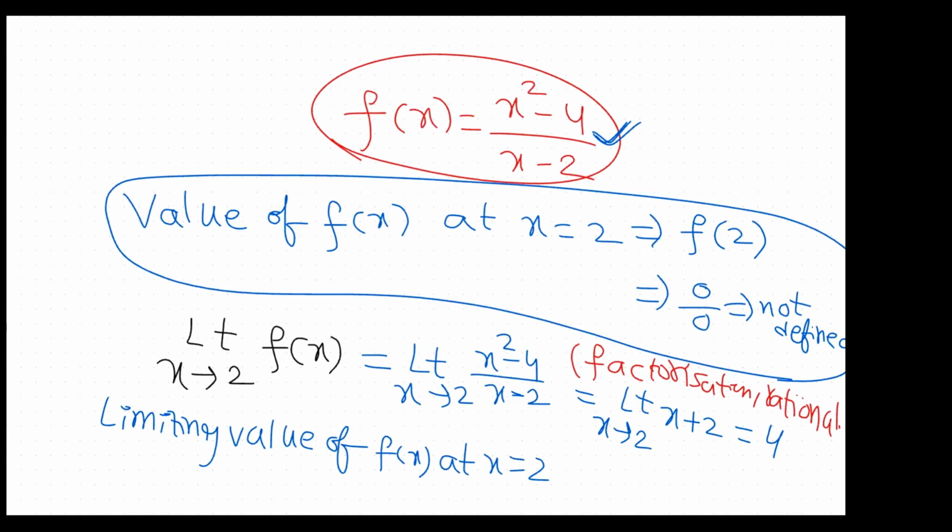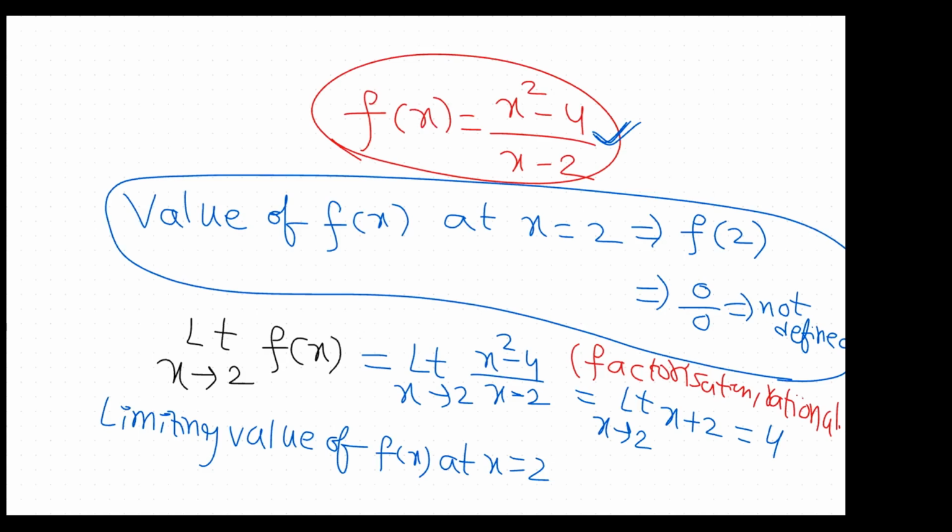Second case, what did I give? Value does not exist at that point, but it will exist in the neighborhood. Or simply, if you don't want to talk that much, what will you say? First case I gave you, we can find the value of the function as well as the limiting value of the function, correct or not? Both we can find. Second case, the value is not defined, but the limiting value is defined, correct or not?